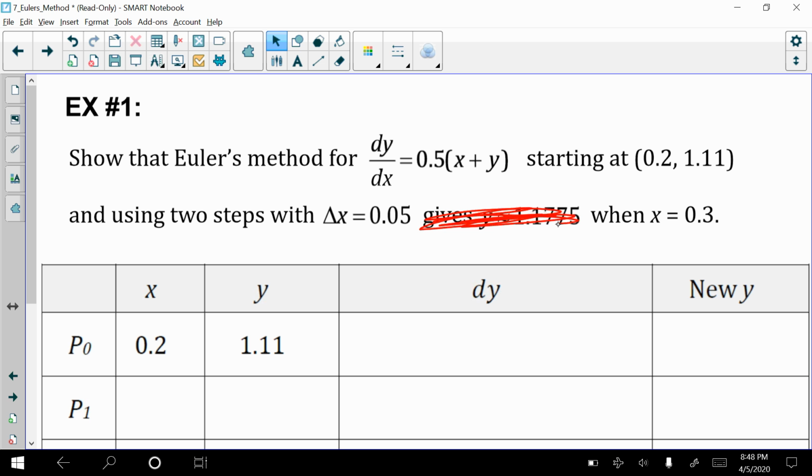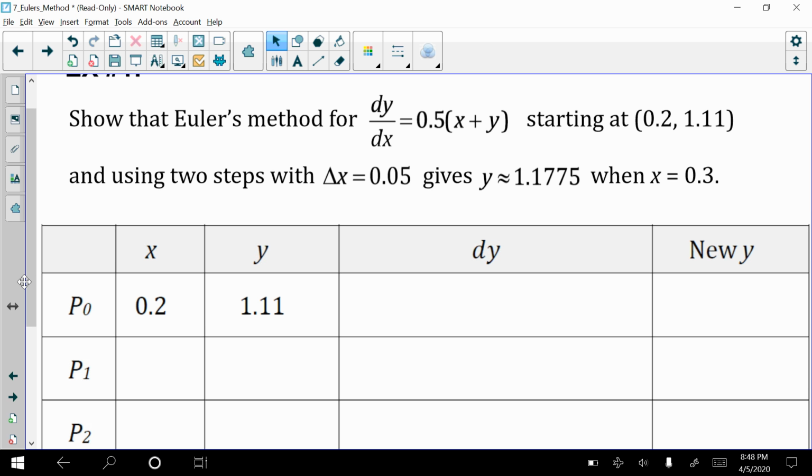So let's go ahead and work this out. I strongly encourage you to pause the video if you feel comfortable enough, work the problem out ahead of me, and hit play to see what you get. So here, dy, this is that middle column.